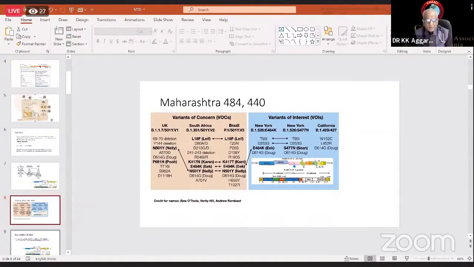Therefore, most important is the UK and then South Africa. In Brazil, it is a local problem. The virus is not yet spreading all over. It does not have a deletion. The UK has multiple deletions at 2 different places, and the virus in South Africa has a single area deletion, that is 241 to 242.